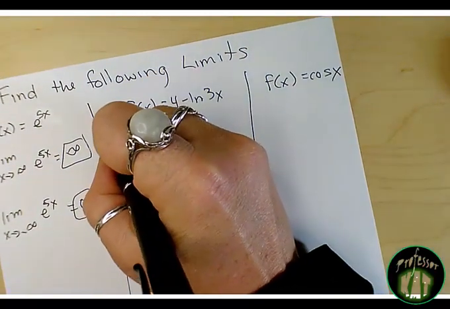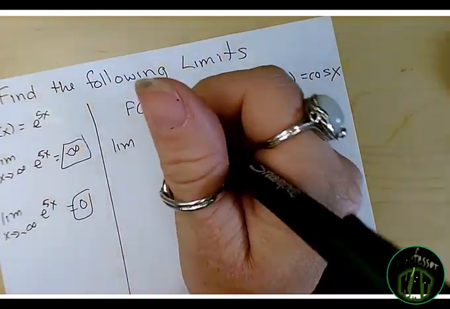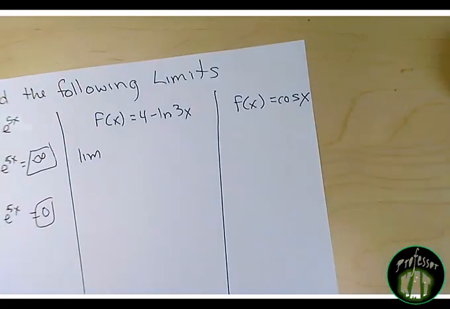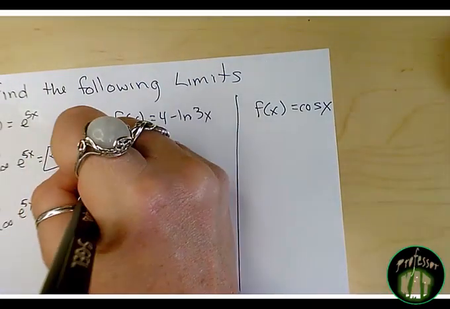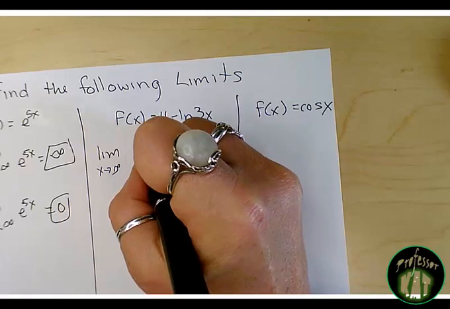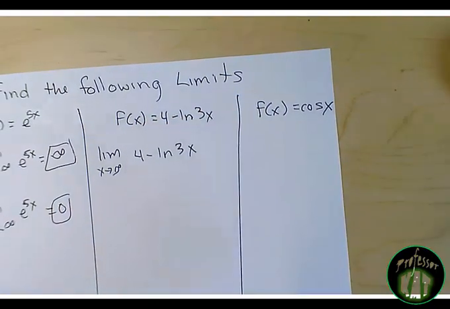So let's find the limit as x approaches infinity of 4 minus ln 3x.